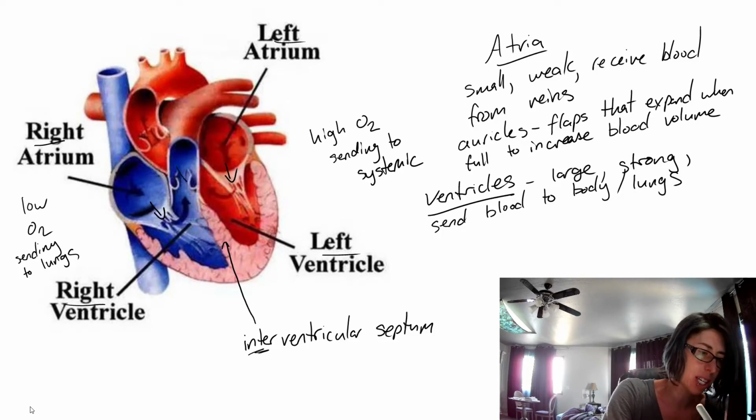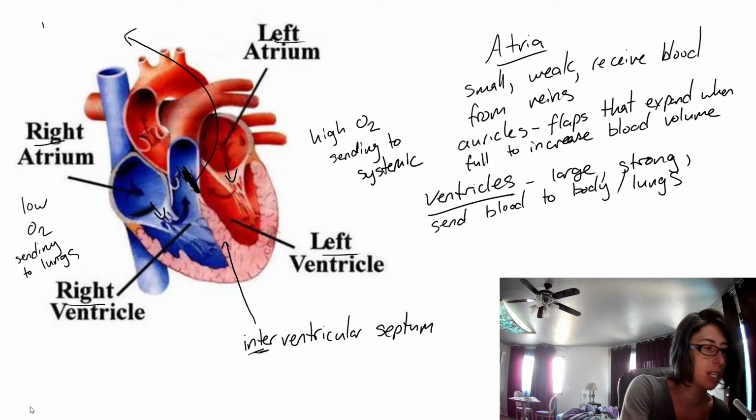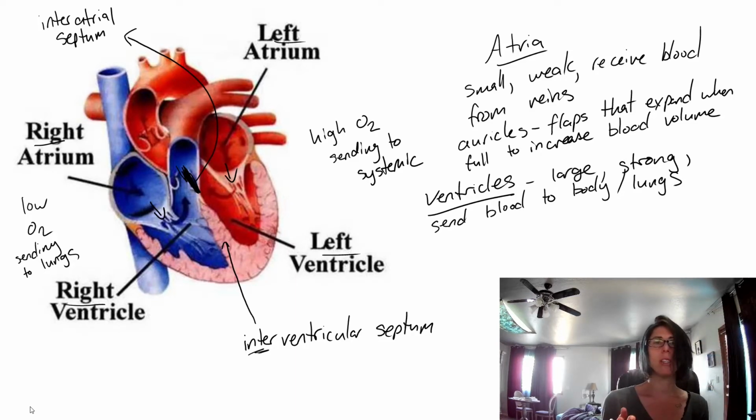It's harder to see because these blood vessels are in the way, but this right here behind this blood vessel would be called the interatrial septum.